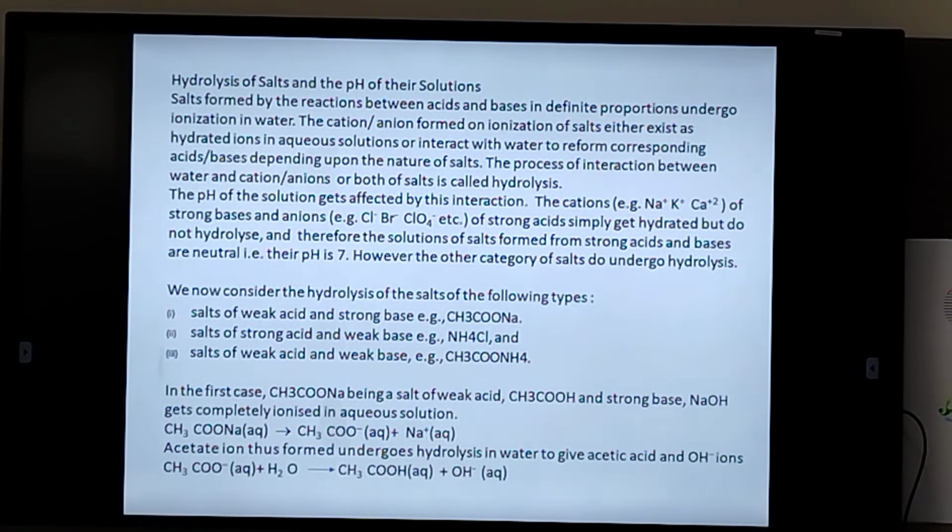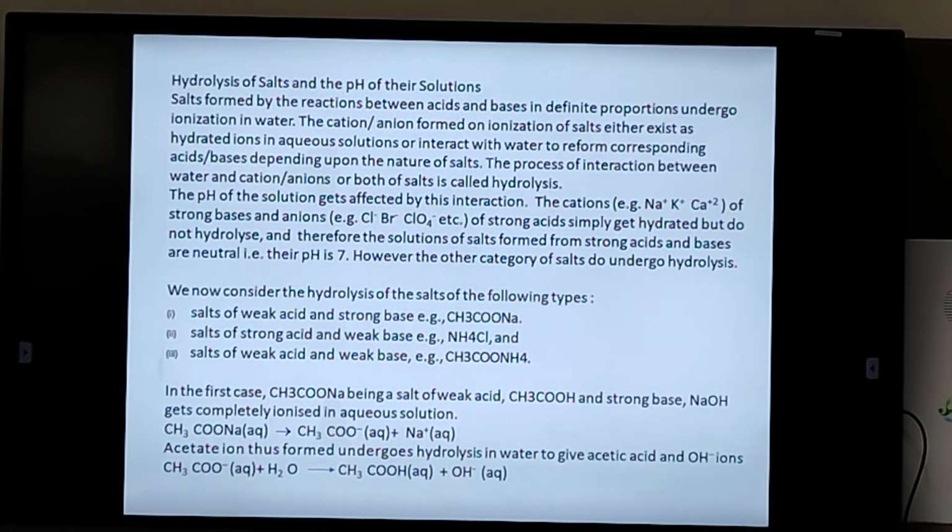The process of interaction between water and cations or anions of the salt is called hydrolysis. The pH of the solution gets affected by this interaction.